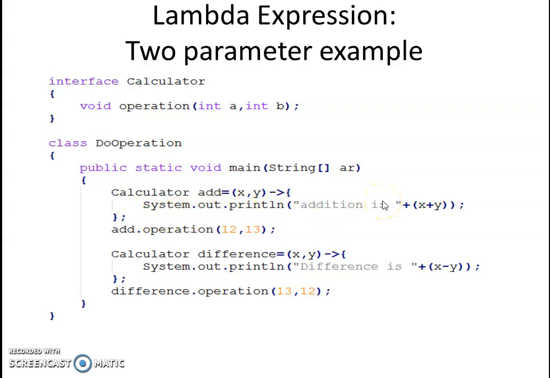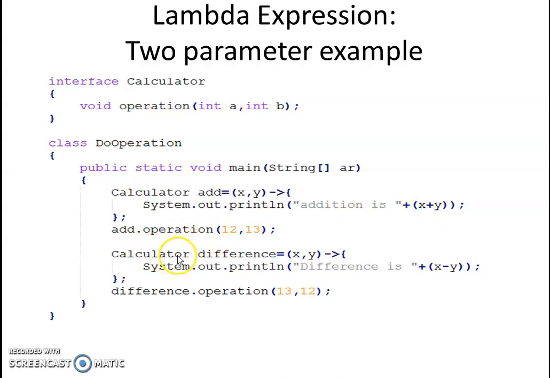Addition is we are printing sum of x and y, right? And then we are invoking operation with add, right? Add dot operation with parameter 12 comma 13. So it will go to this particular expression and it will print addition is 12 plus 13 is 25. So it will print addition is 25.